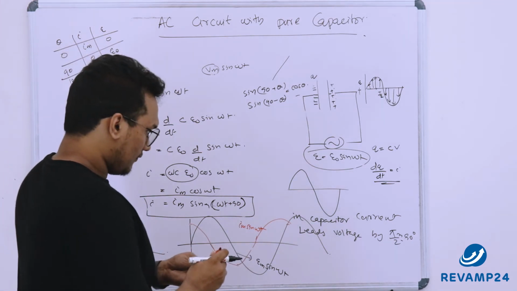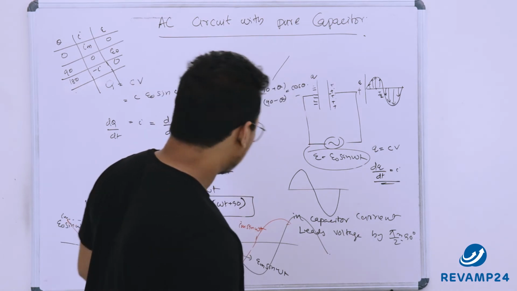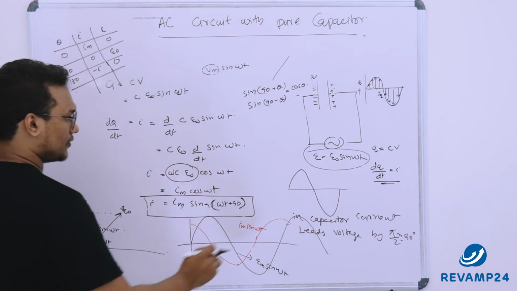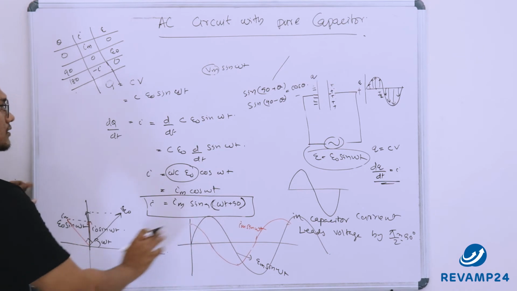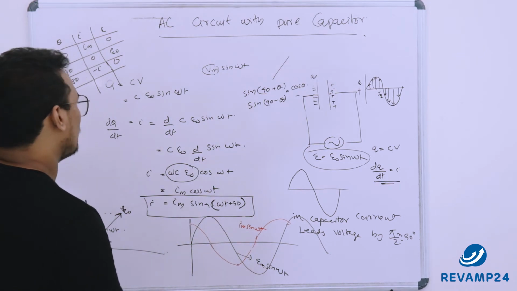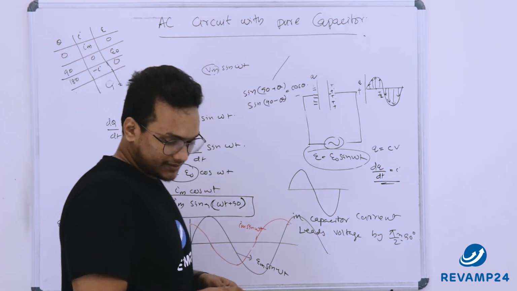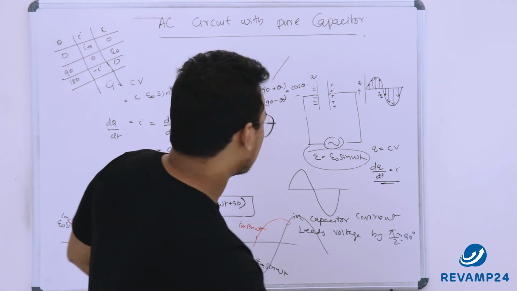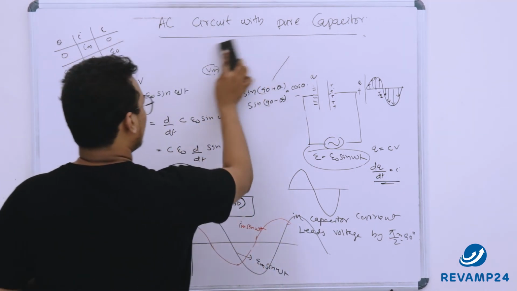Now we got the phasor diagram, we got the value of current, we got the value of EMF, we got the wave representation. Now we need the capacitive reactance, because in the previous case we got inductive reactance, right?